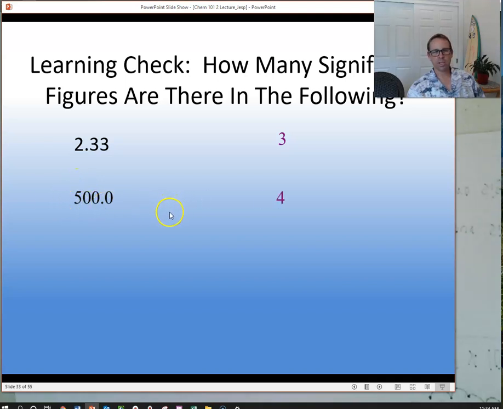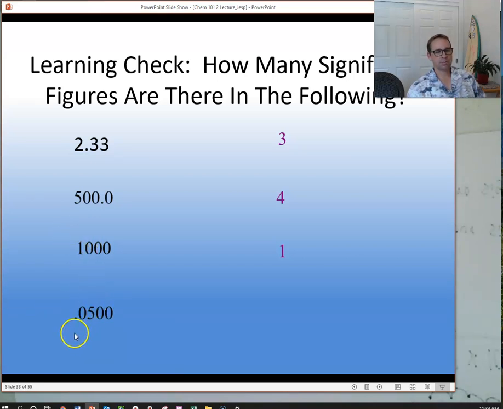That's right. 4 significant digits. Way to go, because this 0 down here is significant. That's why it's there after the decimal point. So therefore, they're all significant. How about this one? 1 significant digit. That's an estimate. So if somebody says there was like 1,000 bugs in the sky, there might have been 2,000. There might have been 900. They don't really know. That was their estimate.